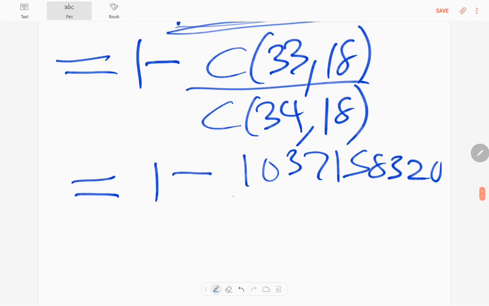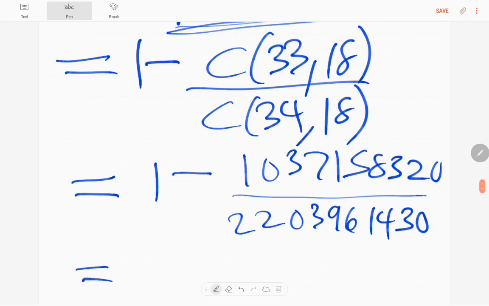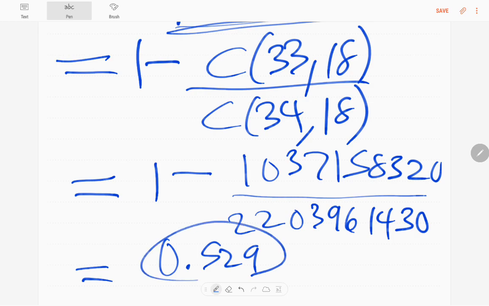So these numbers are kind of huge. And this one says 3 places. I get 0.529.